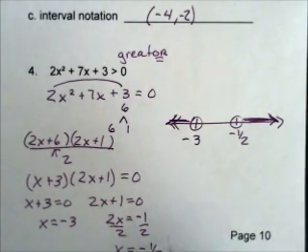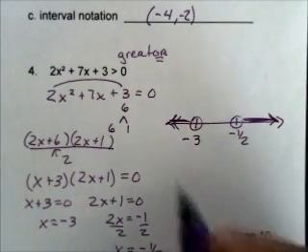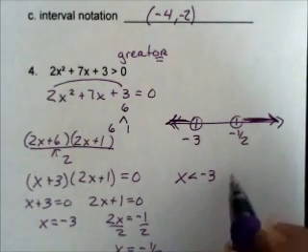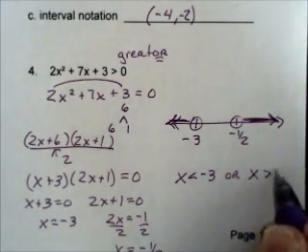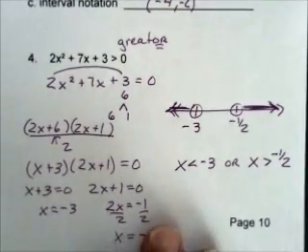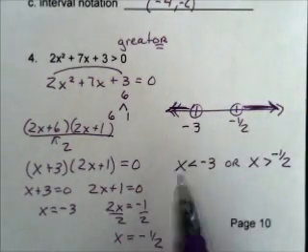Now symbolically, what's shaded here is all values that are less than -3. So x is less than -3, or x is greater than -1/2. And in interval notation, we have two sections that are shaded.